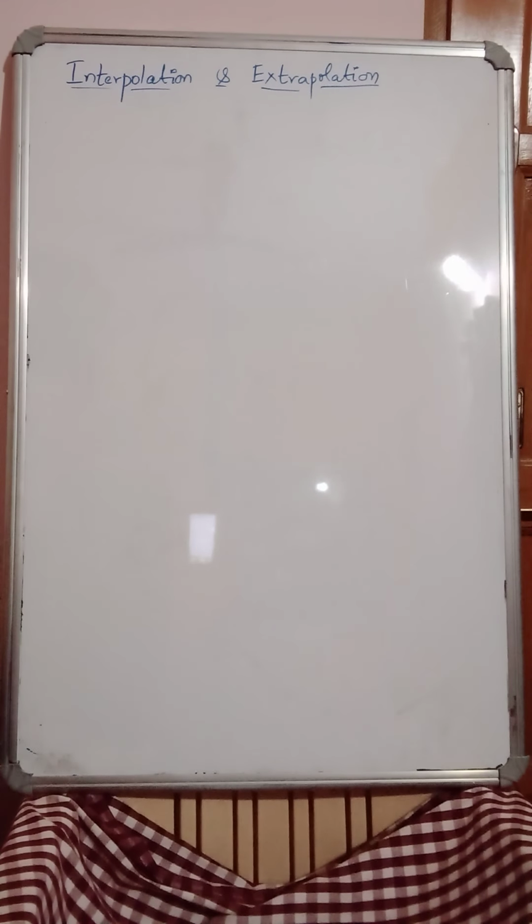Very good morning, students. So let us continue the chapter interpolation and extrapolation by solving a few more problems from the binomial expansion method. In the previous video, I have clearly given you the basic problems: how to calculate from the binomial expansion, and how to estimate the missing terms, whether it is the interpolated as well as the extrapolated value.